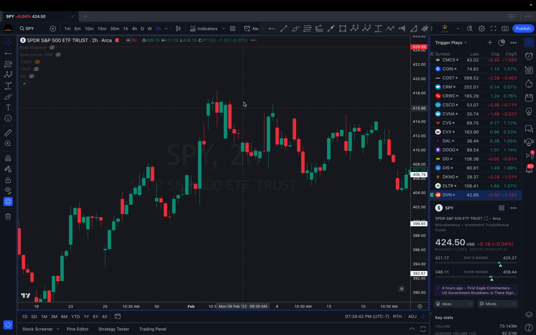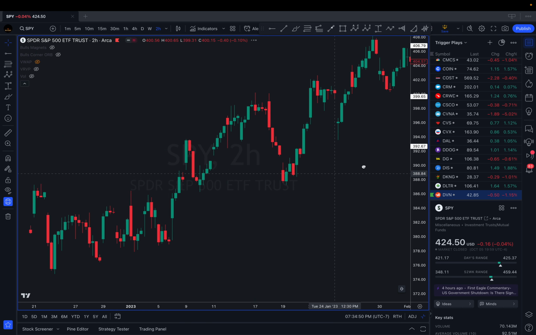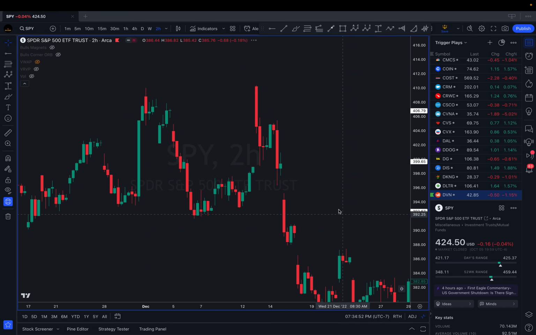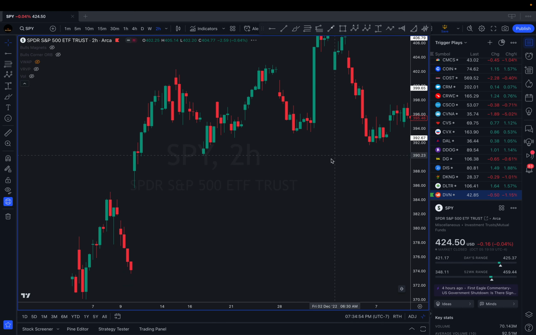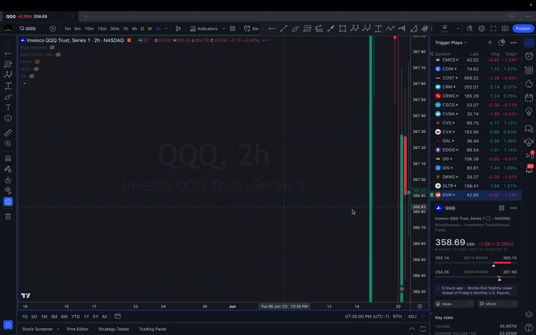Okay, this one kind of looks like a hanging man, but the wick is pretty small, so I wouldn't consider this one, as the wick has to be a long one. I did show you guys a couple examples, so let's look at QQQ. If we don't find any, we'll just move on.